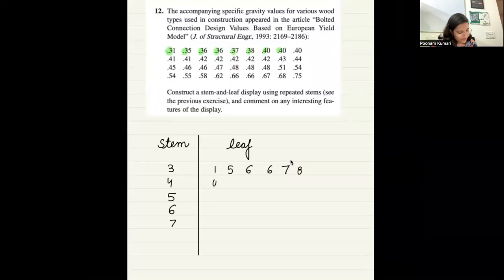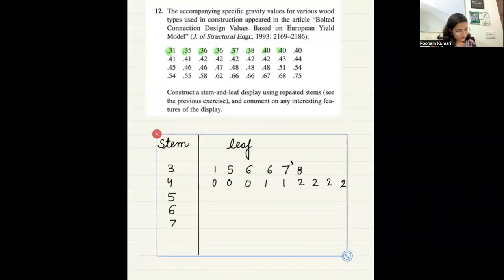And then 4, 0, 0, 0, 1, 1, 2, 2, 2, and 2. And then, oh my God, this is going to take a lot of space. So let's just reduce this size.